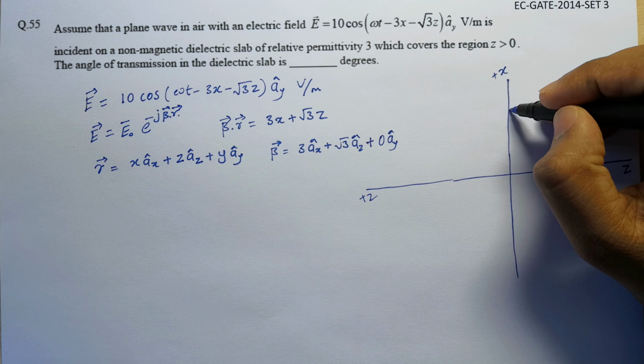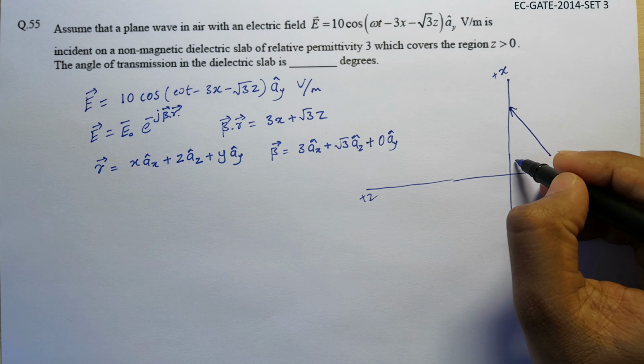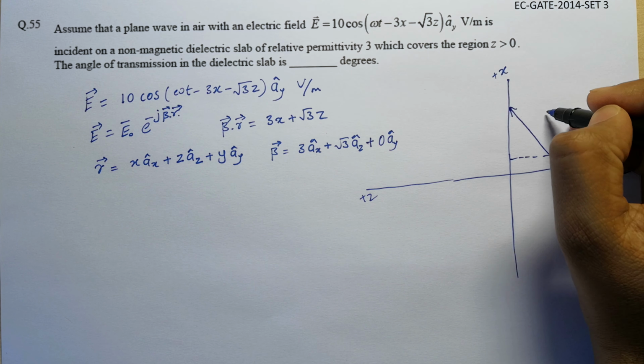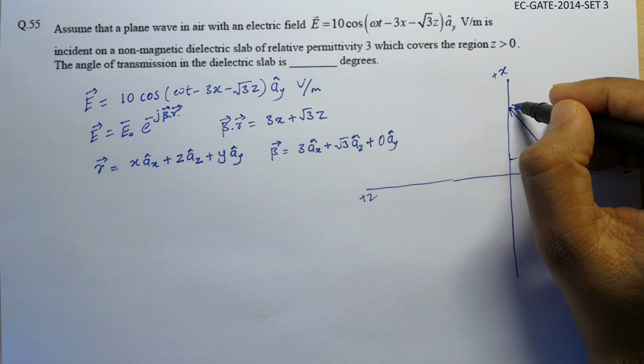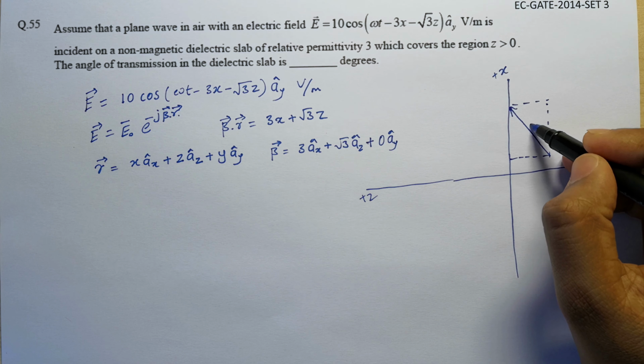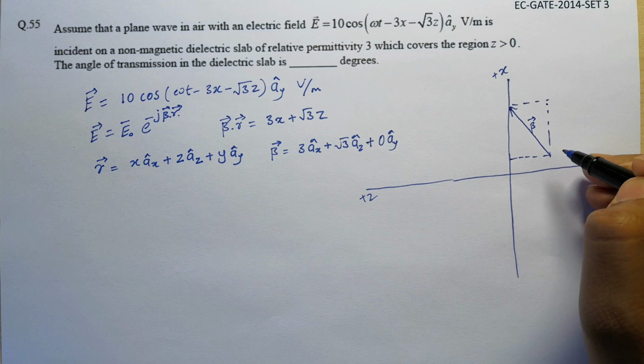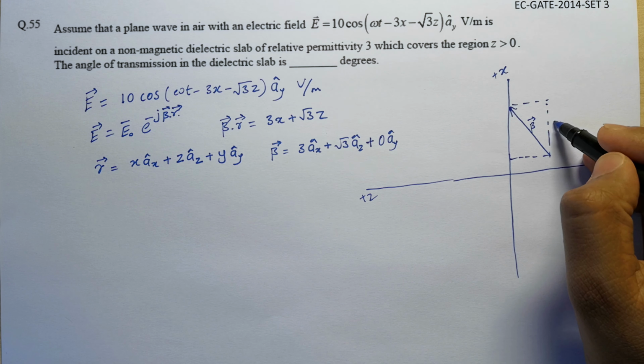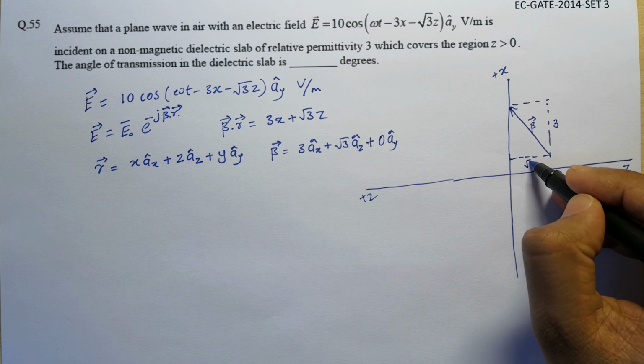So, it is traveling something like this, and we know that this is beta. So, the value here is 3 and here it is root 3.